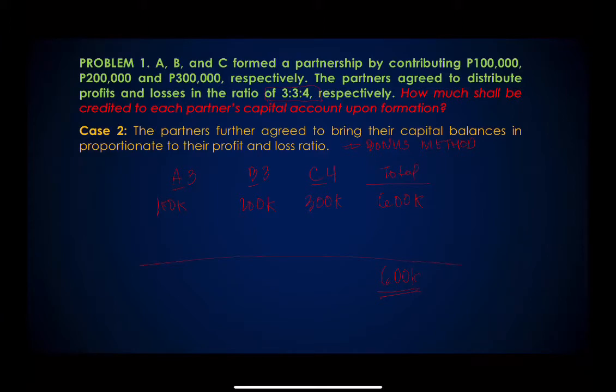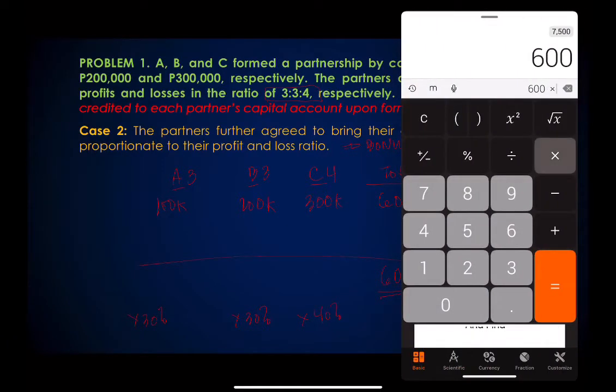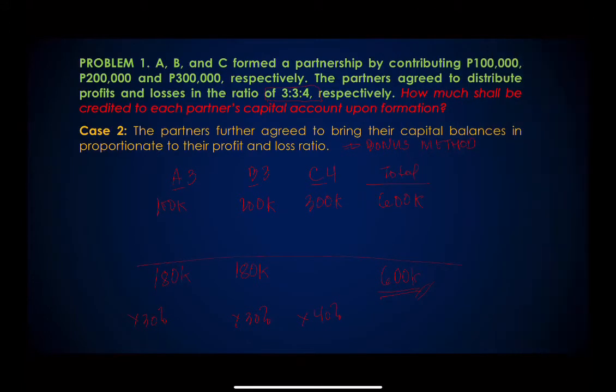So this 600,000 shall be multiplied by 30%, 30%, and lastly 40%. So 600,000 times 30%, that will give us 180,000. So 180,000 here, and then another 180,000, and lastly 600,000 times 40%, and that will give you 240,000.